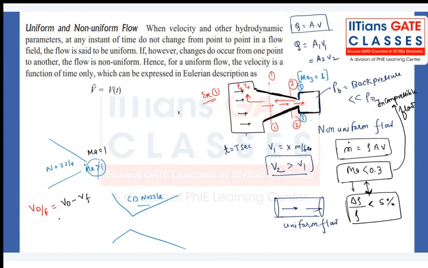So here the velocity of the fluid, let's say Mach number 1 means v by c, so it will travel with the speed c, and the velocity of disturbance with respect to fluid in this direction is minus c, so this will cancel out and the velocity of disturbance will be 0.